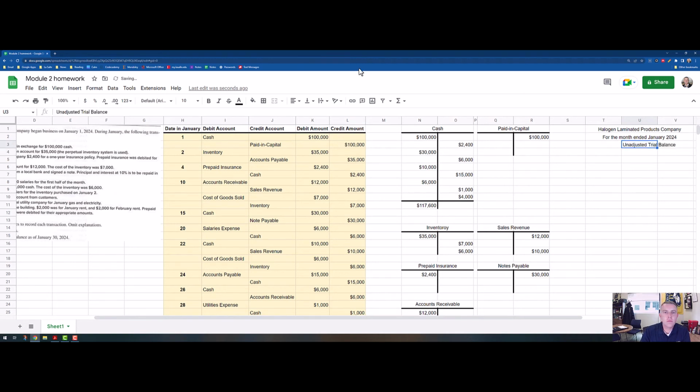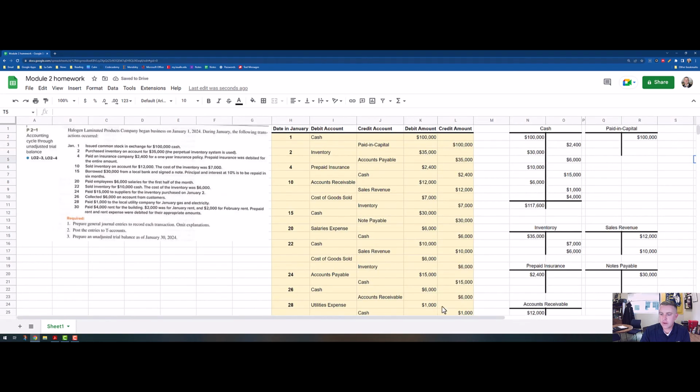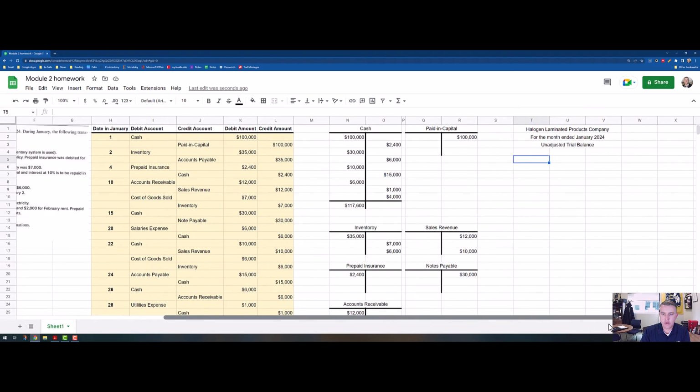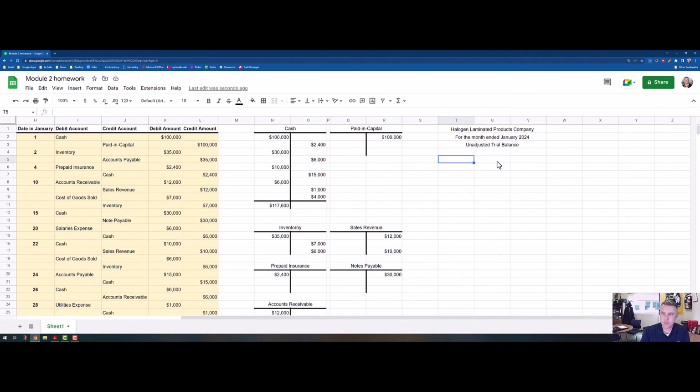Again, center this. We're literally going to list all these accounts and take their balances. This is the account, and this is whether it has a debit balance and then a credit balance. Let's do all the accounts first.